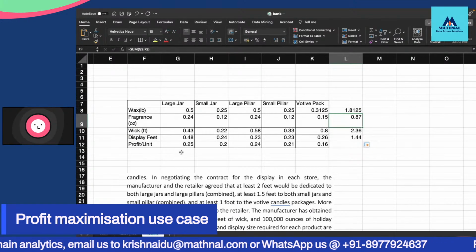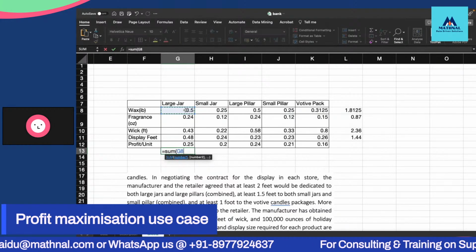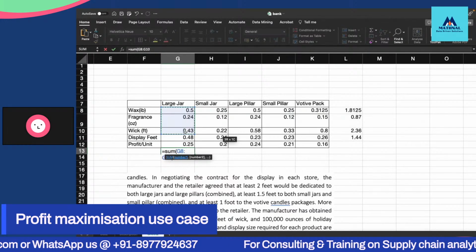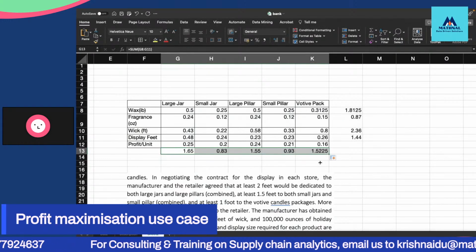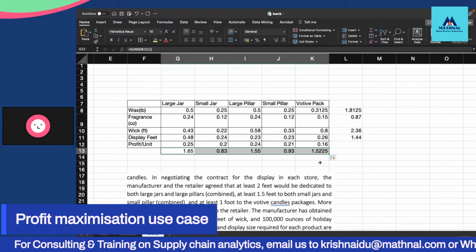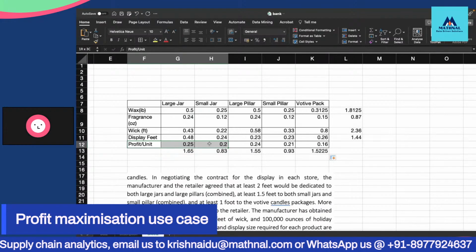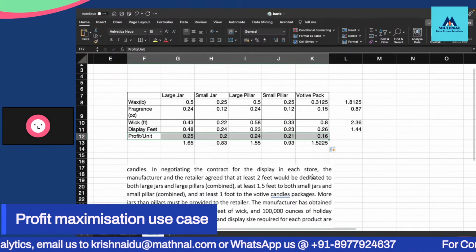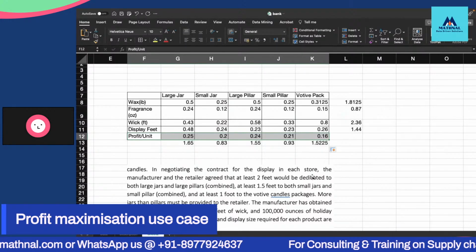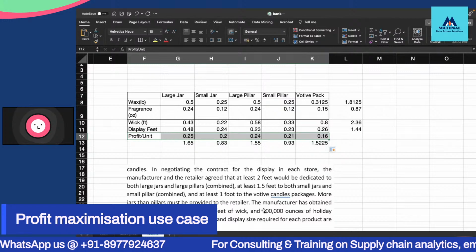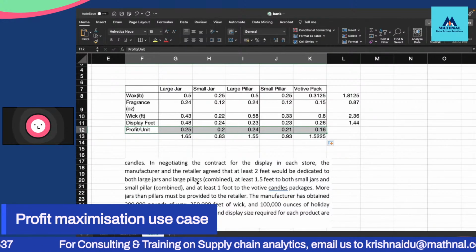And for large jar, how much of... For display in store, the manufacturer and retail agreed that at least 2 feet will be dedicated to both large jar and large pillars combined.